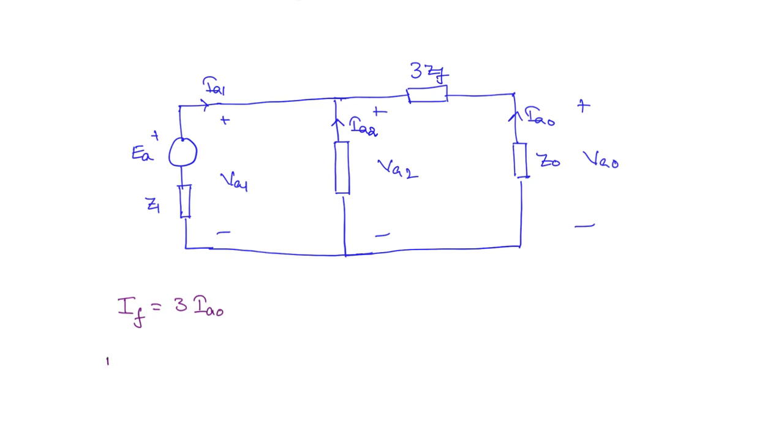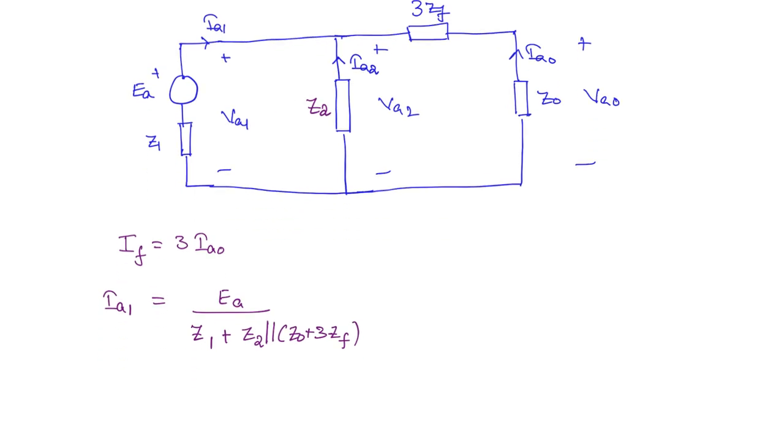First we can find IA1. This will be equal to the voltage EA divided by Z1 plus Z2 parallel to Z0 plus 3 ZF. Then IA0 you can find by the current division rule, right?